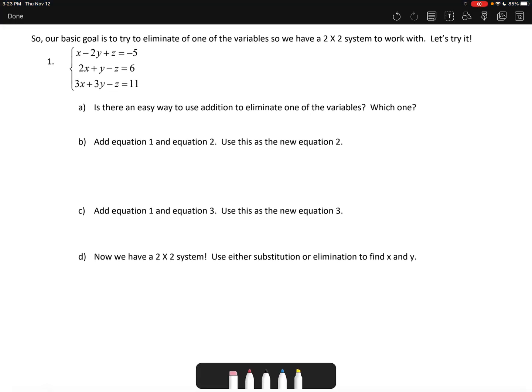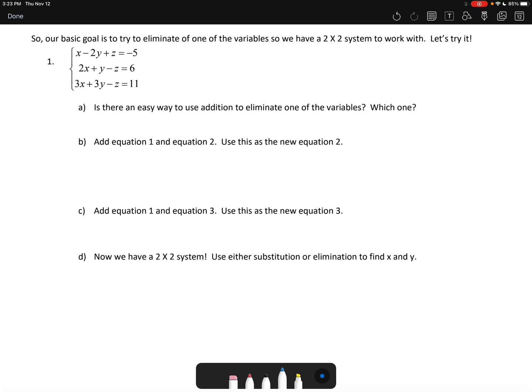So I'm going to get us set up here. Now, the basic goal is to try to eliminate one of your variables so that you get back to a 2x2 system that you already know how to work with. So we've got to pick on one of the variables.